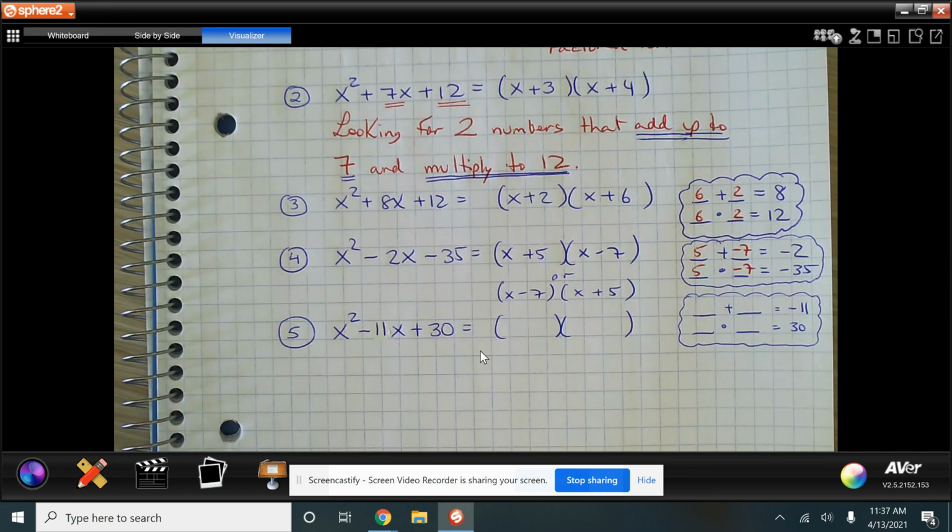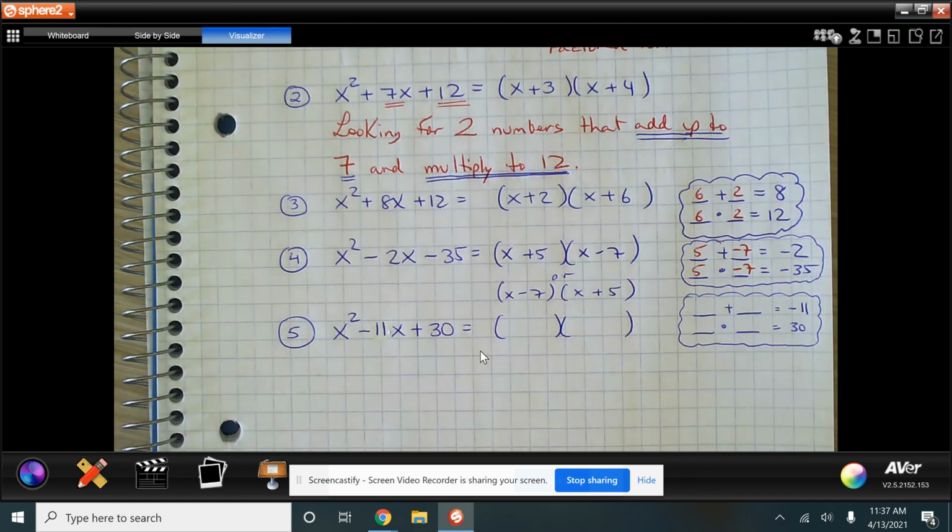It's kind of weird, but we're looking for two numbers that add up to negative 11 and at the same time multiply out to positive 30. If they add up to negative 11 but multiply out to positive 30, that means that they both need to be negative, because a negative times a negative gives you positive.